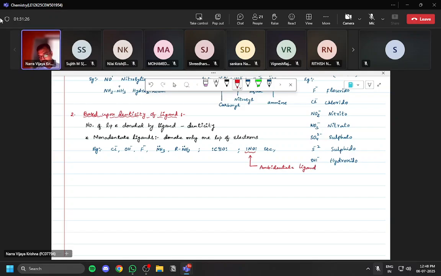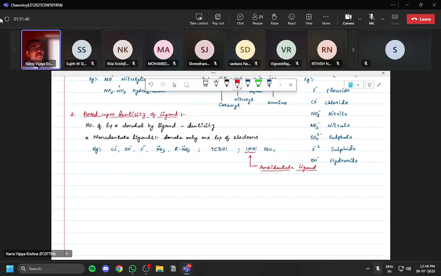No, carbon monoxide is not ambidentate. CN is ambidentate: cyanide, isocyanide. SCN is ambidentate, either sulfur or nitrogen, but carbon monoxide is monodentate. Only carbon is the donor, even though oxygen has a lone pair, it will never donate.